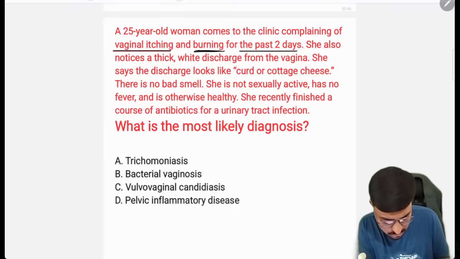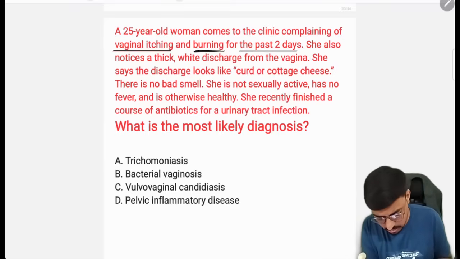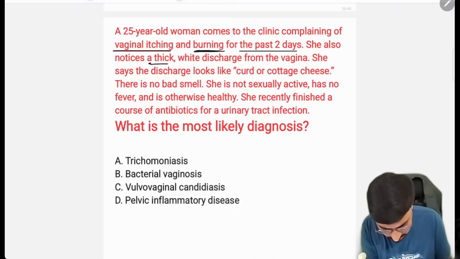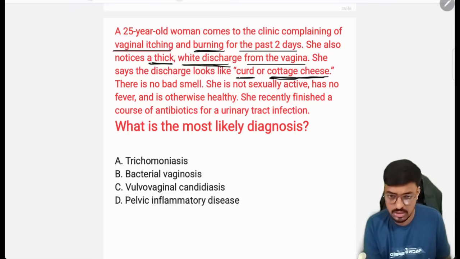She also noticed a thick white discharge from the vagina, and she says the discharge looks like curd or cottage cheese.